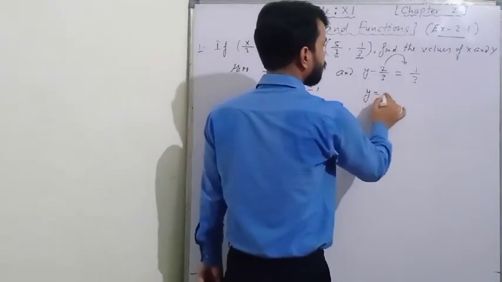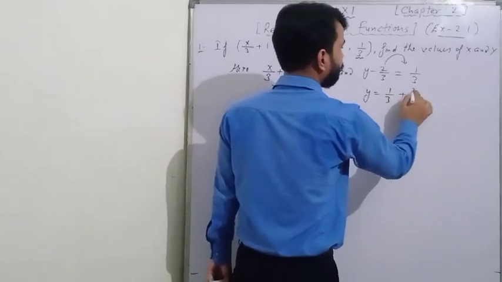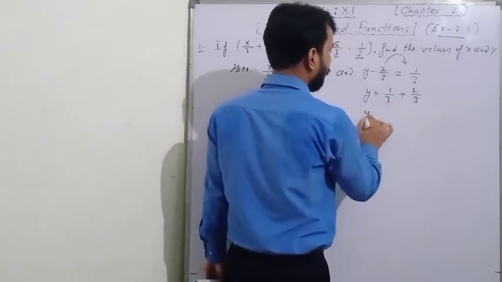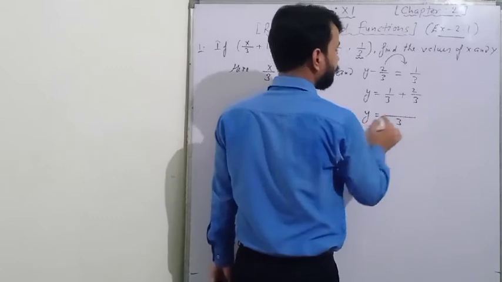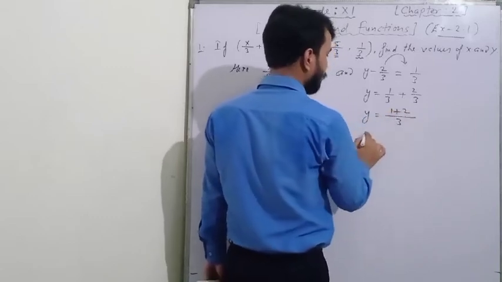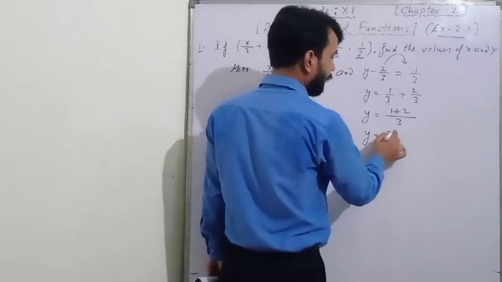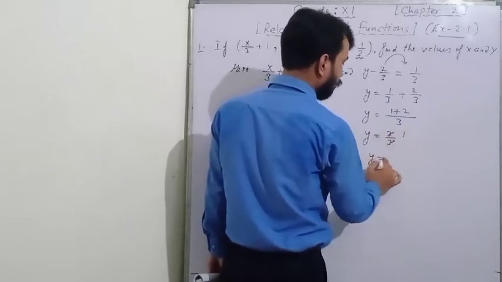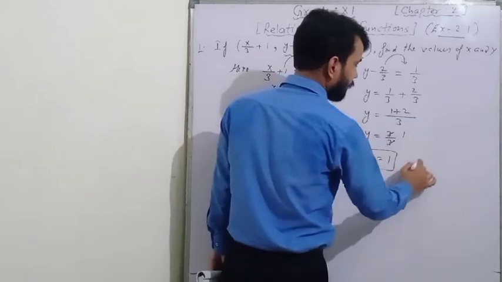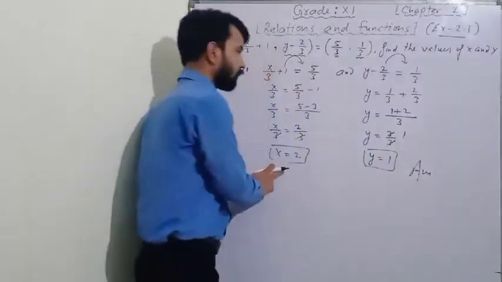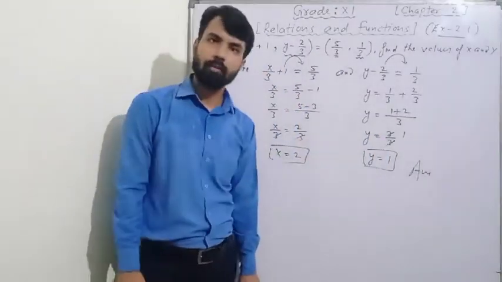So y equals 1 by 3 plus 2 by 3. Now 3 is the LCM, so we will get 1 plus 2. Hence y equals 3 upon 3. Both can be cancelled, 3 ones are 3. So the value of y is 1. Hence the value of x is 2 and the value of y is 1.